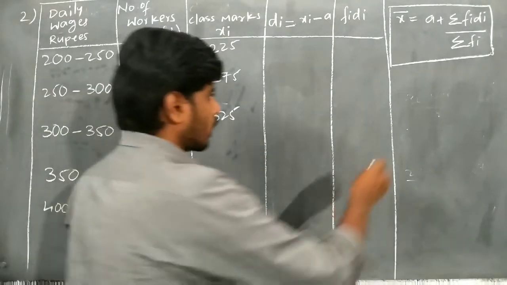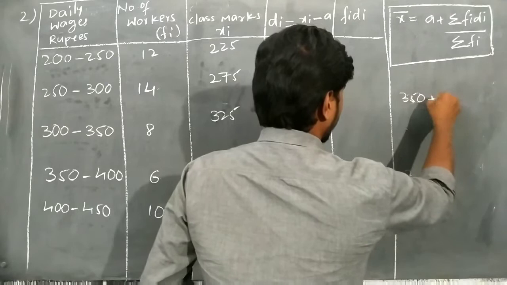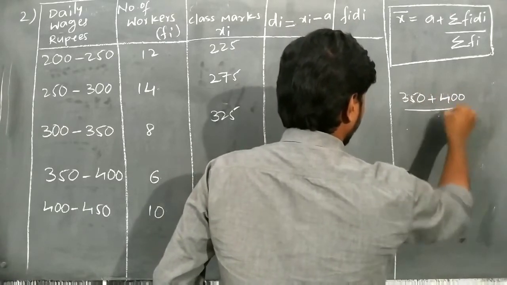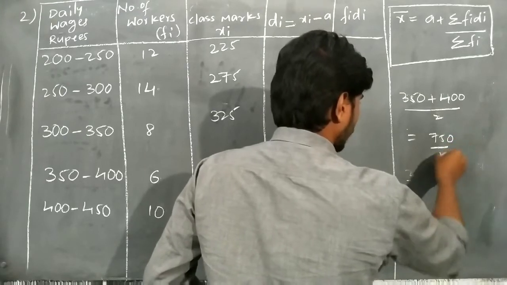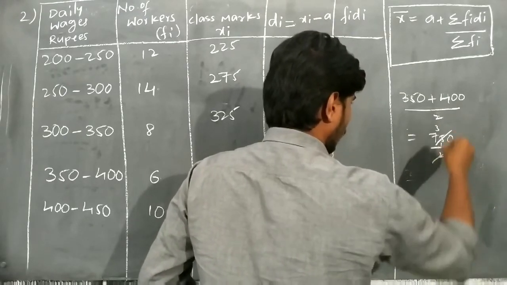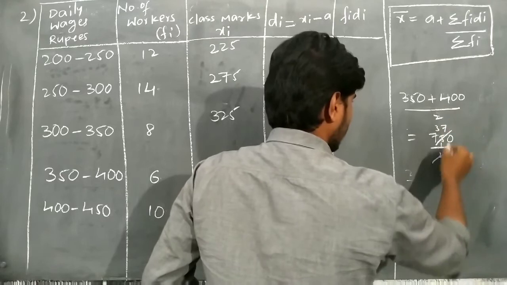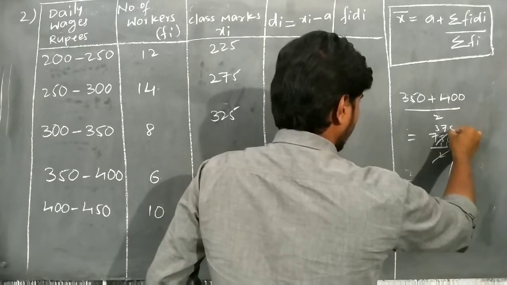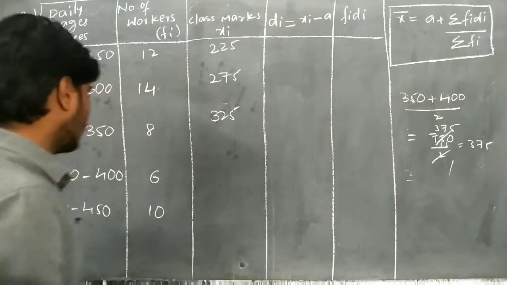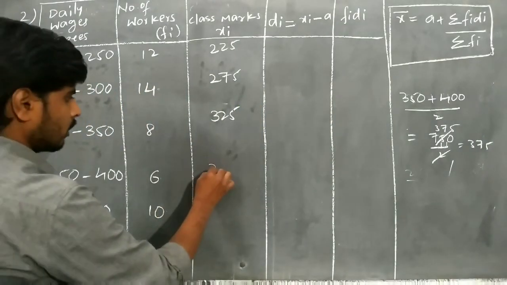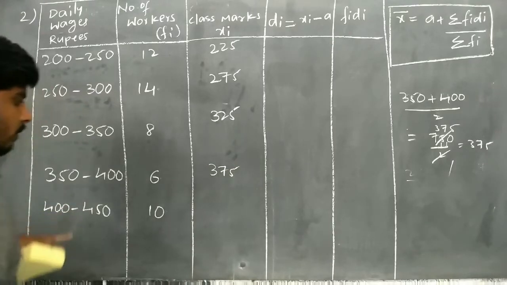Next, 350 plus 400 by 2, nothing but 750 by 2. 2 threes are 6, 1 carry, 2 sevens are 14, 1 carry, 2 fives are 10. So the class mark here is 375.